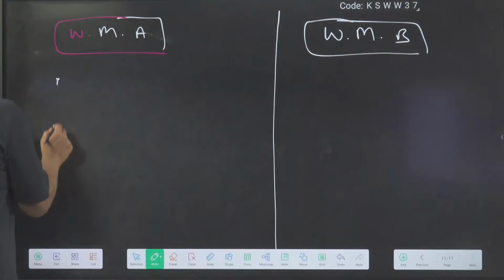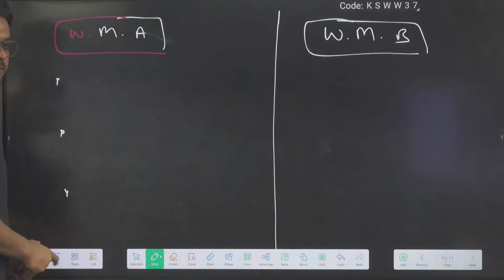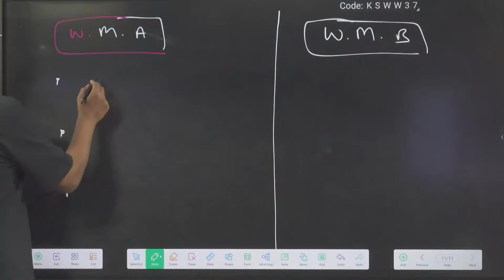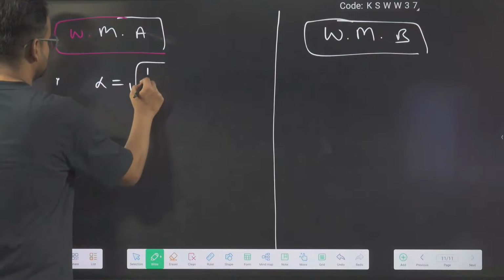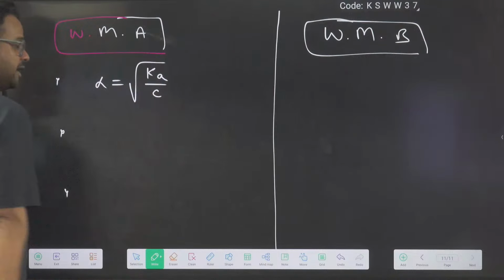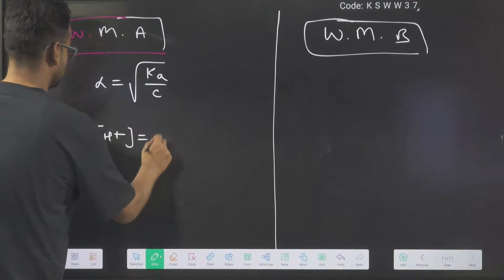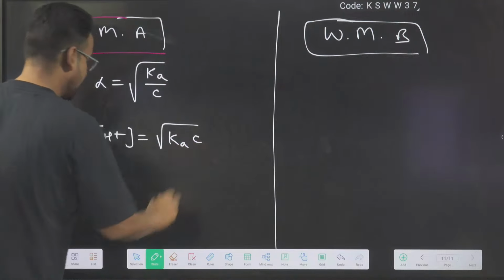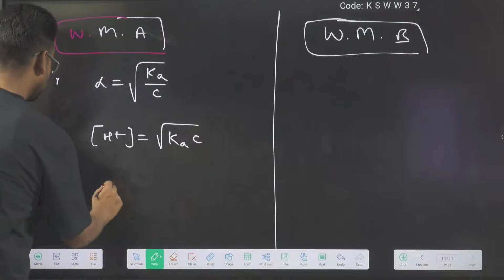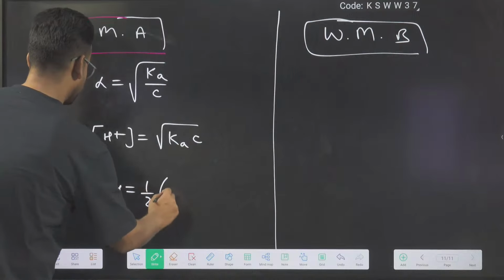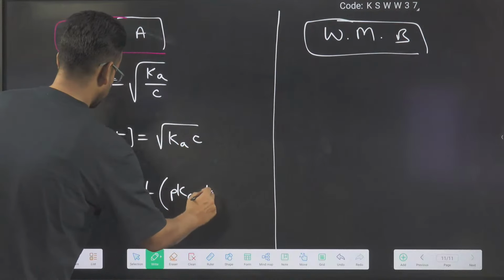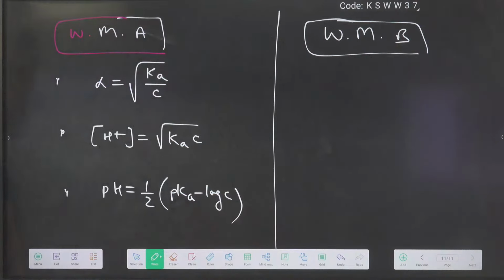For weak monoprotic acid, the 3 very important formulas are alpha is equal to under root Ka by C. Concentration of H plus is under root K into C. pH is equal to half pKa minus log C. These are the 3 very, very important formulas.